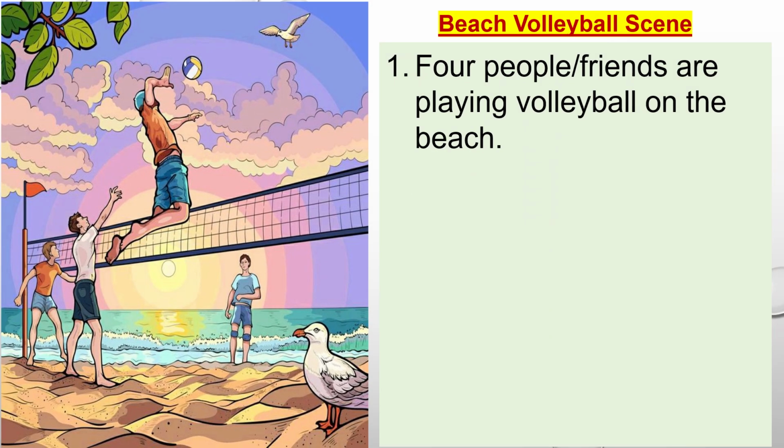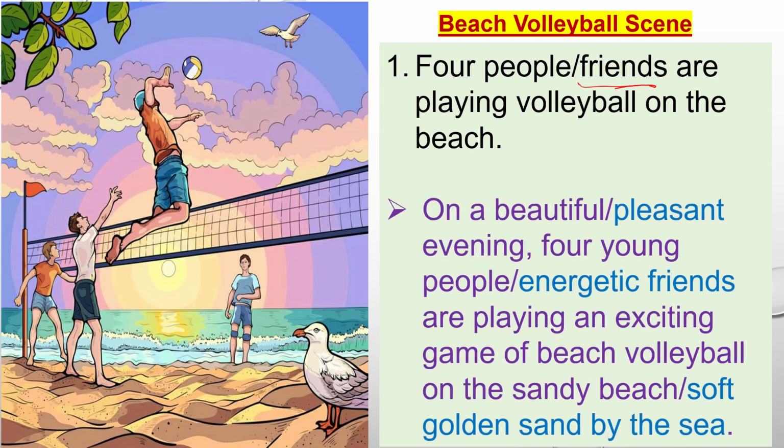So this is the first sentence. 4 people, or we can use friends, right, are playing volleyball on the beach. So what can you add? You can add who, where, when, and adjectives like energetic, soft, golden, pleasant, right? So what sentence can you make?